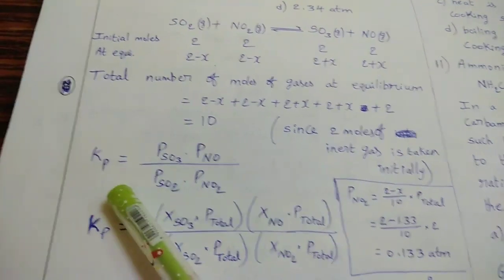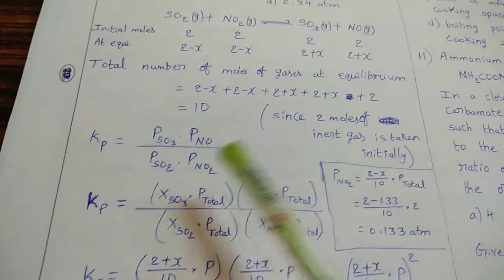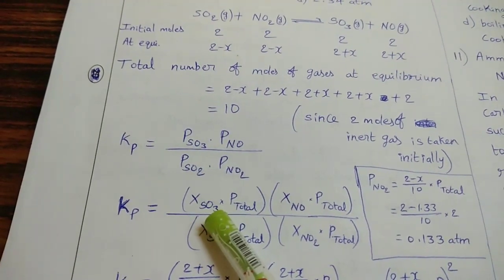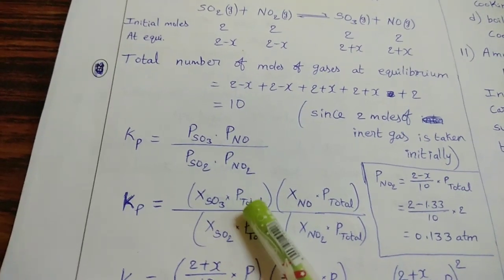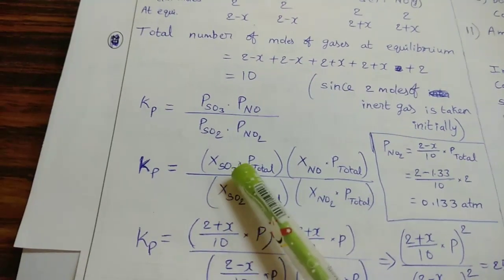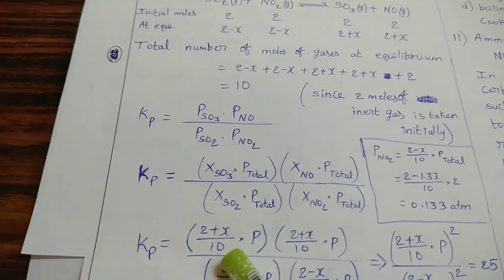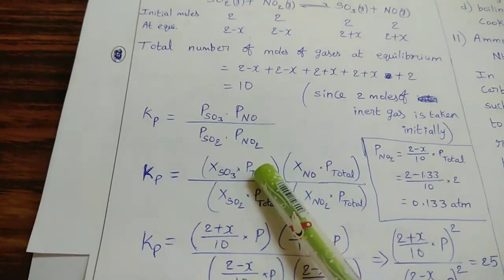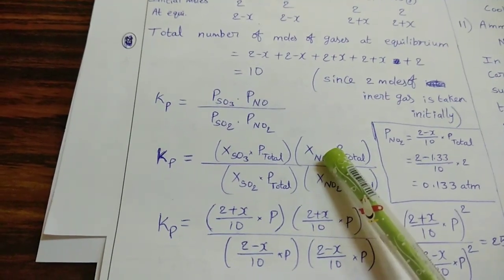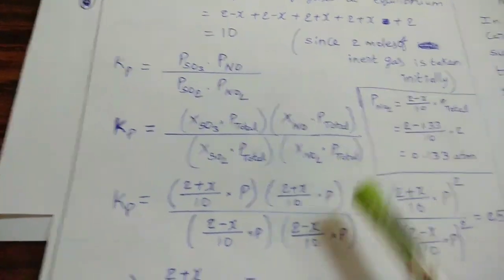Then Kp equals partial pressure of products divided by partial pressure of reactants. Partial pressure, what is the formula? Mole fraction of that particular gas into total pressure. Here mole fraction means number of moles of that particular gas at equilibrium divided by total number of moles, into P, the total pressure, let it be P. In the same manner for reactants also.